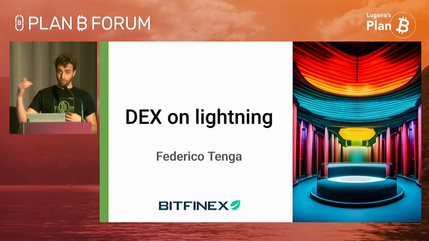How RGB on top of Lightning works, and how we can achieve atomic swapping functionality on top of Lightning. Then we will show a short demo of a prototype of how this works, and then Gabriele will take the stage and will show the project working, contributing to the first implementation of this.